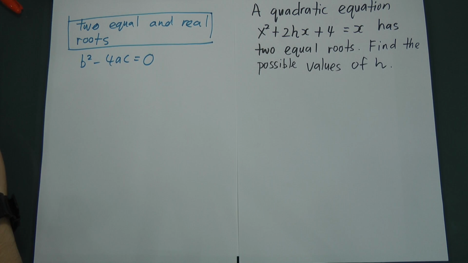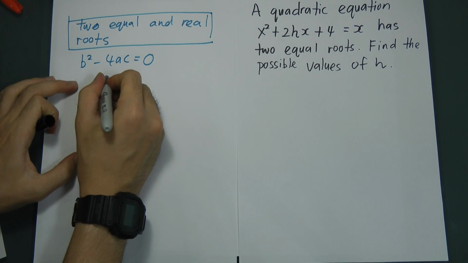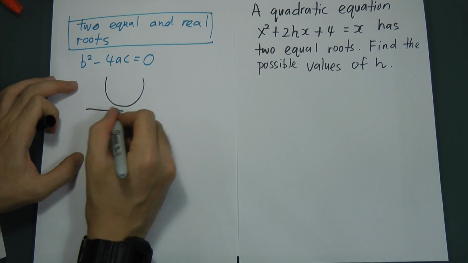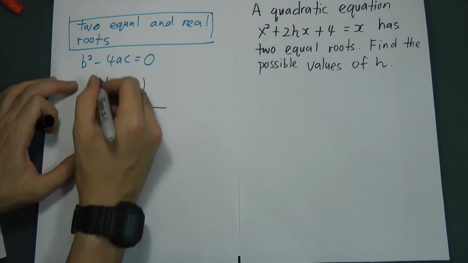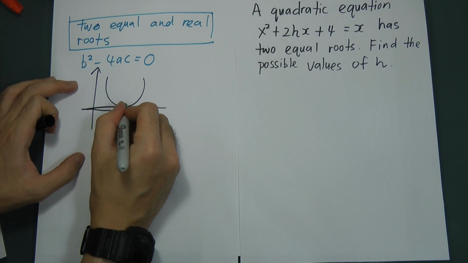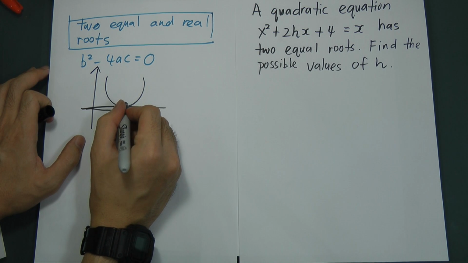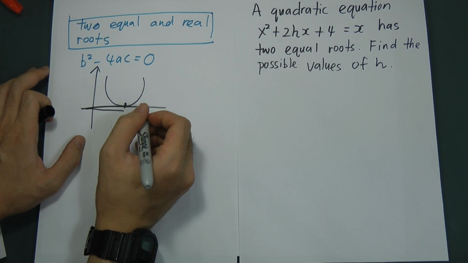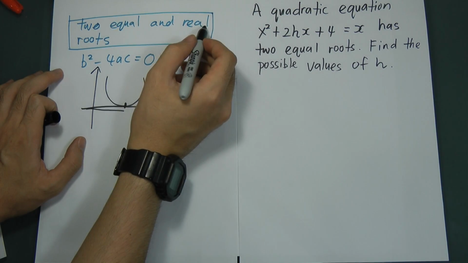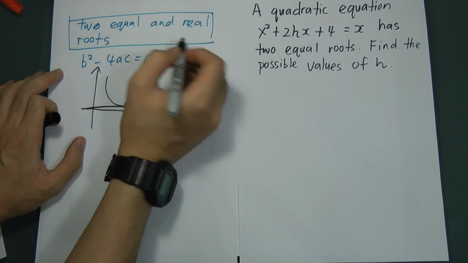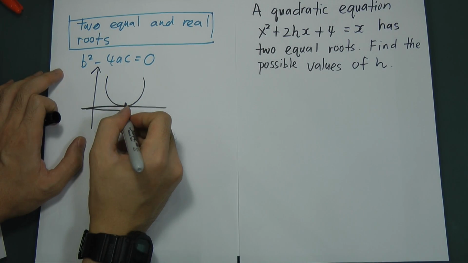It means the graph will touch the x-axis at one point. So two equal and real roots is something like, let's say 3.